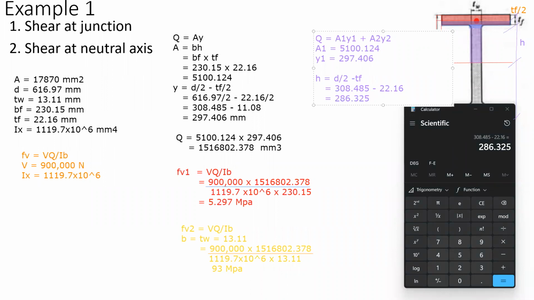286.325, so that is our height. Our base is equal to TW, which is equal to 13.11. We could solve for area 2, which is simply BH. So this would be 13.11 times 286.325.